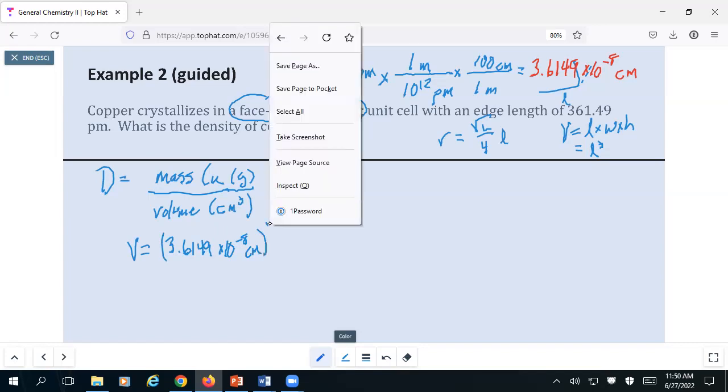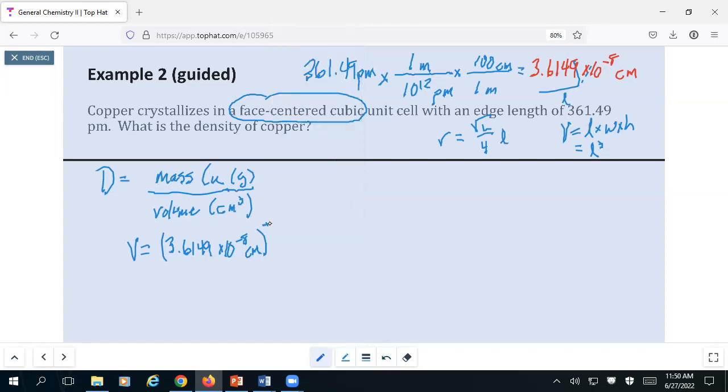So if we cube that, we would get, to 5 significant figures, 4.7238 times 10 to the negative 23rd cubic centimeters. Okay, so there's our volume.